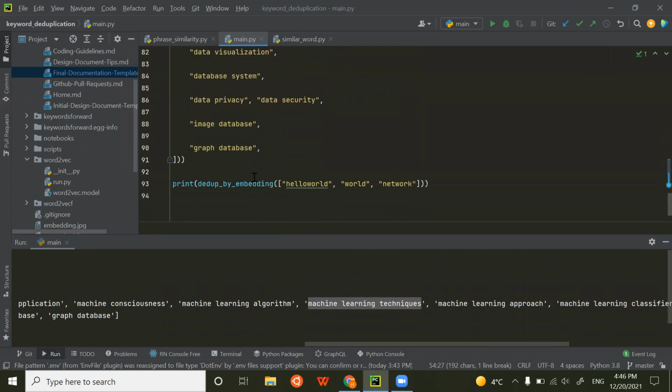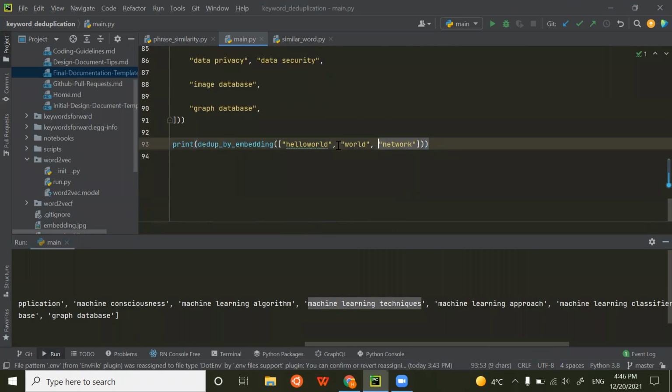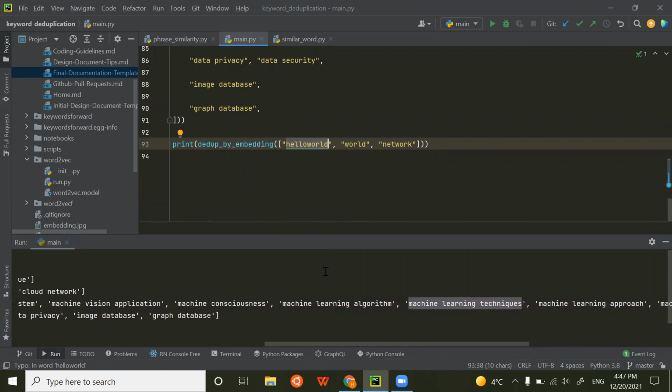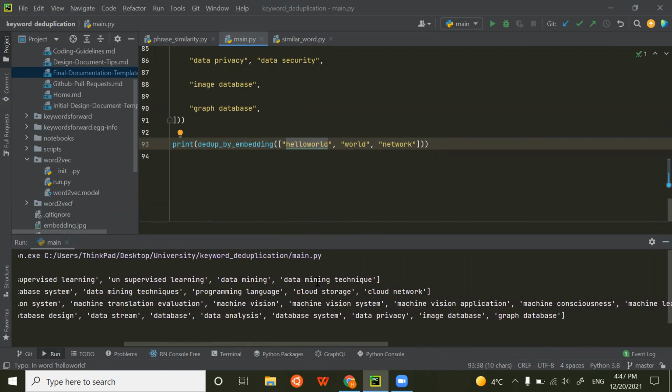The last test case is to test its error handling, because this cannot be a keyword in most computer science research fields, hopefully. It will not report any error.